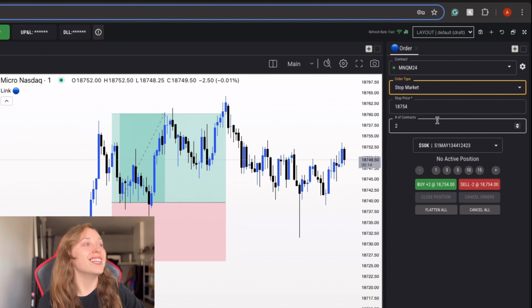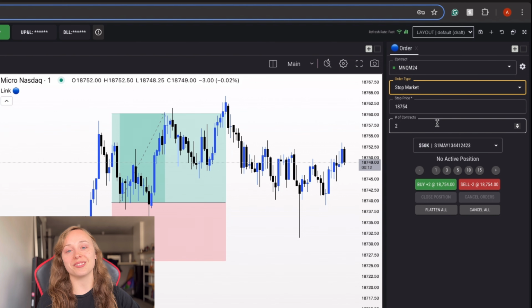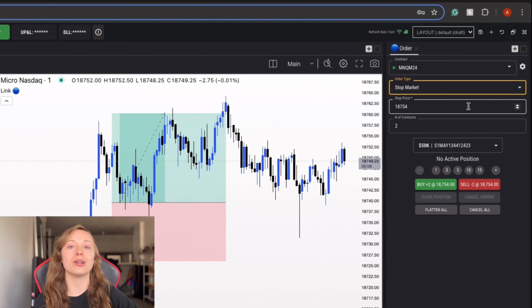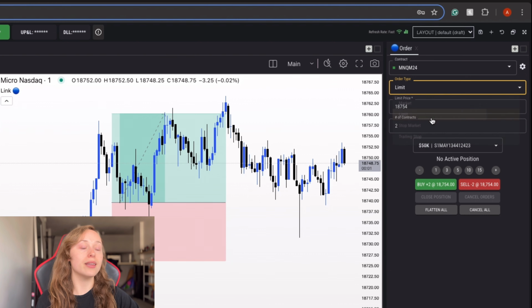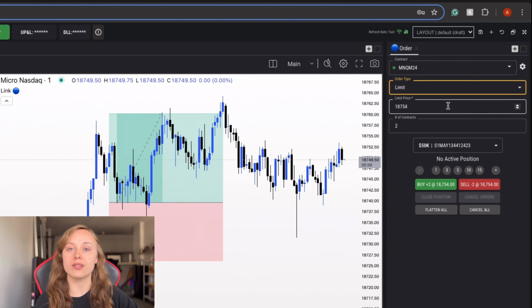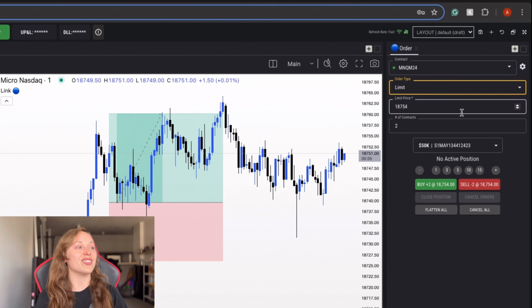Like it'll actually work. So if you guys are trading the TopstepX platform, don't forget to put stop market before you place your stop loss, because if you do a limit, it will just enter into the trade for some reason, and that's not what we want. So yes, that's kind of what I learned today.